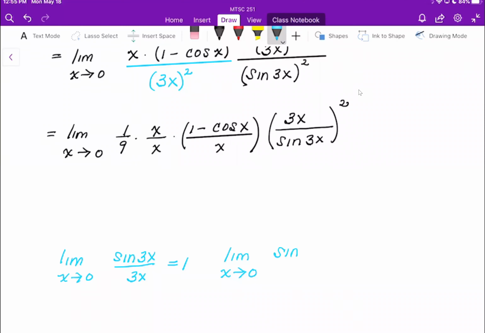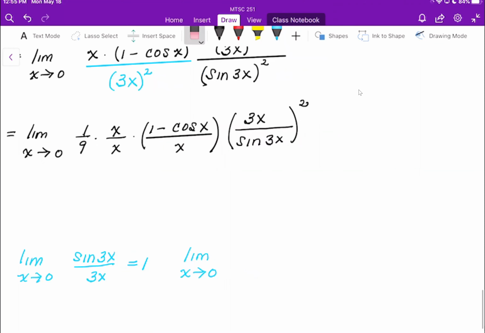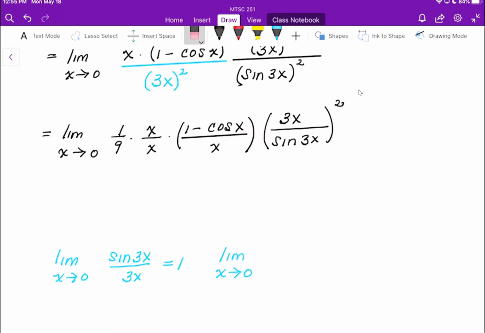So let's go back and look at the inverse of this. So 3x divided by the sine of 3x. This limit's going to be 1 over 1, which is again 1. And then if I square that, that's going to be 1. So now this is 1 over 9.